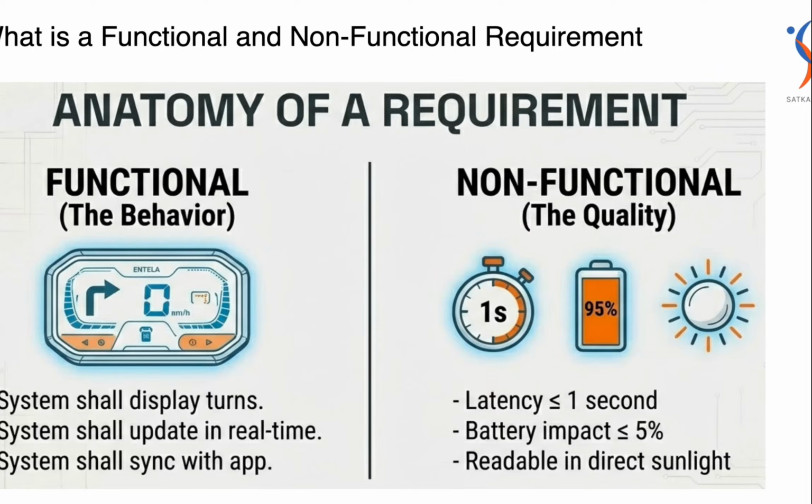Okay, so now we talk about behavior versus quality. This is an important topic in requirements, right? Especially in requirements, there are two types. One, as you can see on the left side, these are functional requirements. How does my product behave on user input? So there is a user and there is my product on the other side. The user gives input to my product.